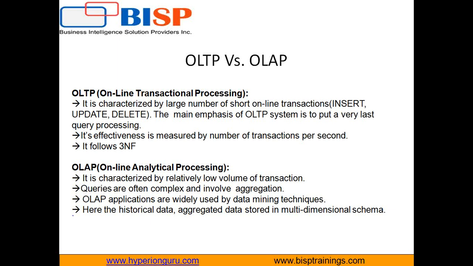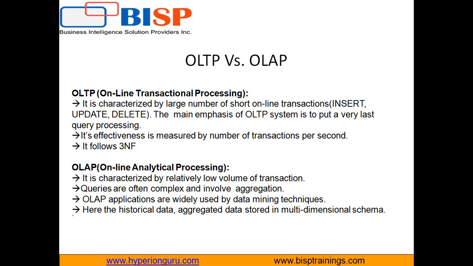Now, next is OLAP. OLAP means online analytical processing. This is basically for those who are involved in some sort of reporting, some sort of analysis. A data warehouse is only meant for online analytical processing.